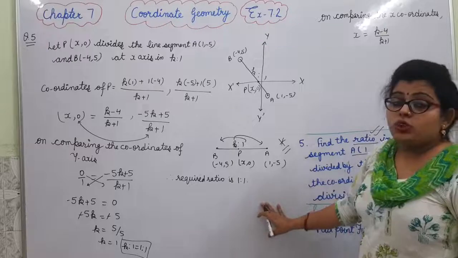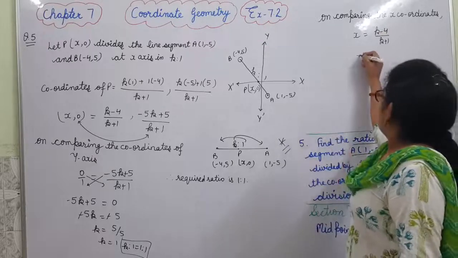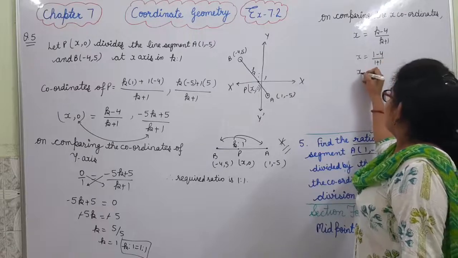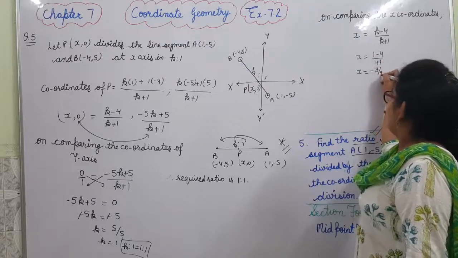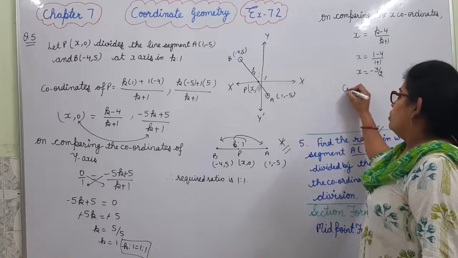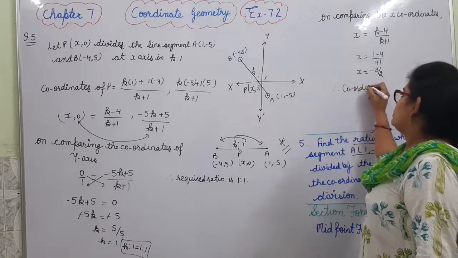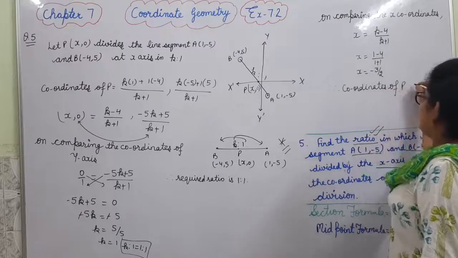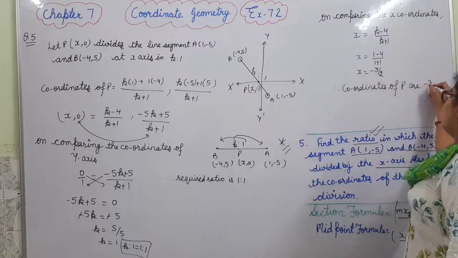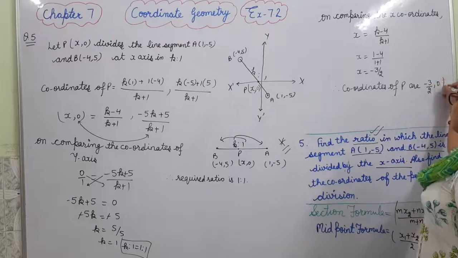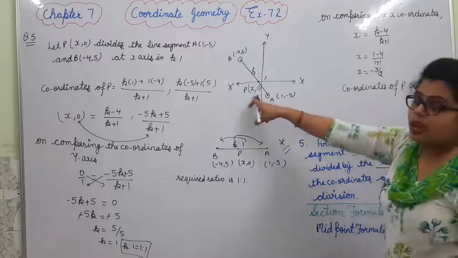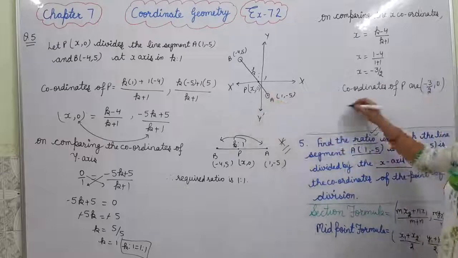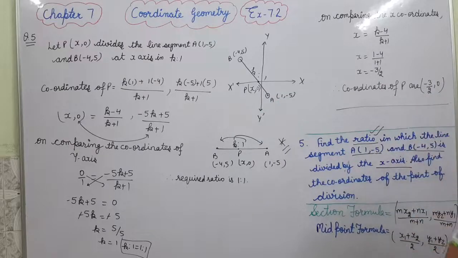Now substitute the value of k. Here k is 1, so (1 minus 4) divided by (1 plus 1). x is equal to minus 3 by 2. So the coordinates of P are (minus 3 by 2, 0), because x is minus 3 by 2 and the y coordinate is 0. This is our question number 5.